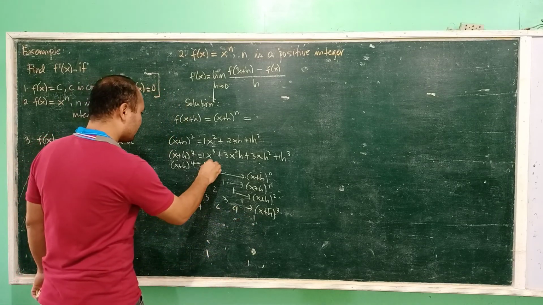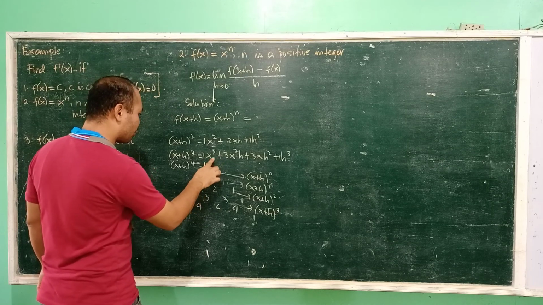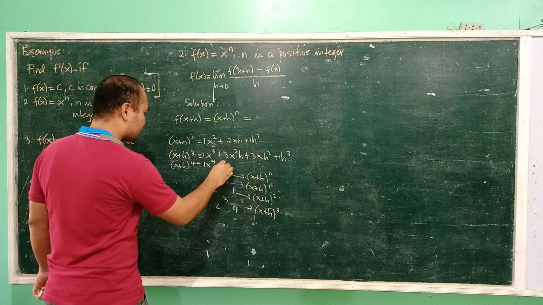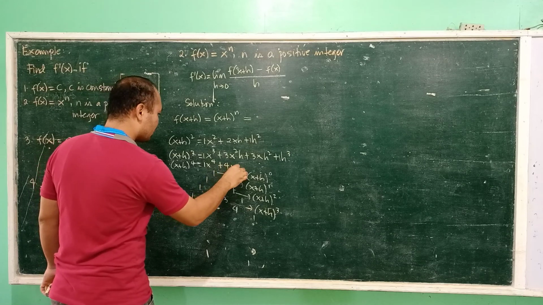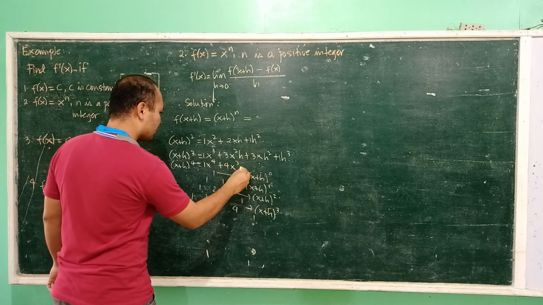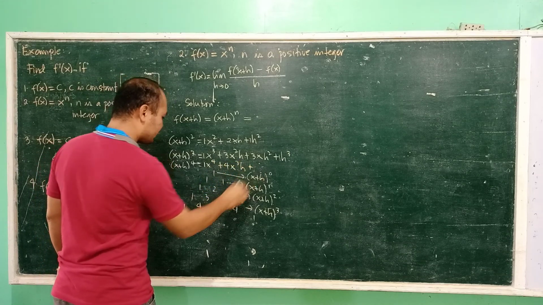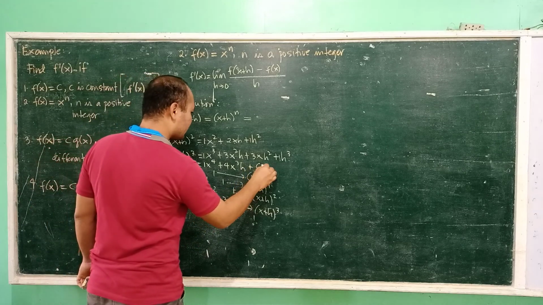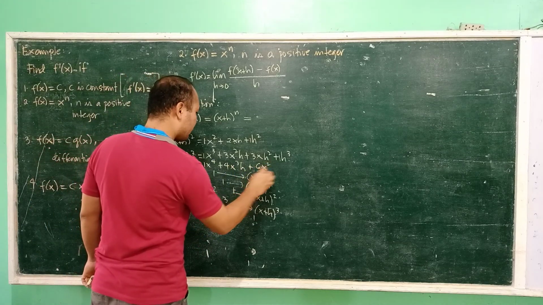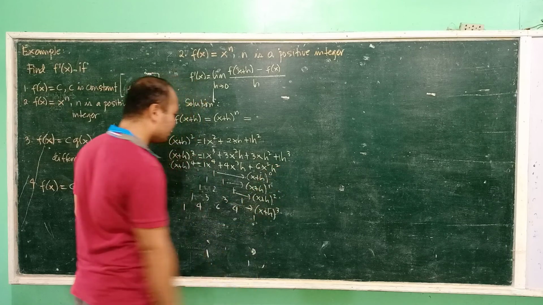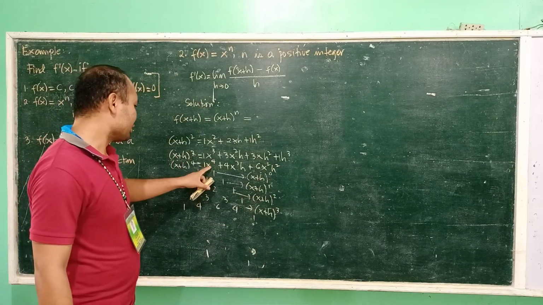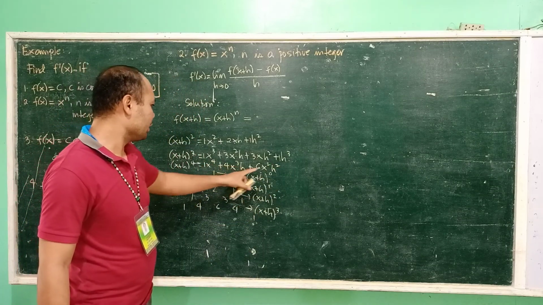So, you have 1x to the 4th, plus 4x cubed h, plus 6x squared h squared. The trend is the exponents of x are decreasing: 4, 3, 2.